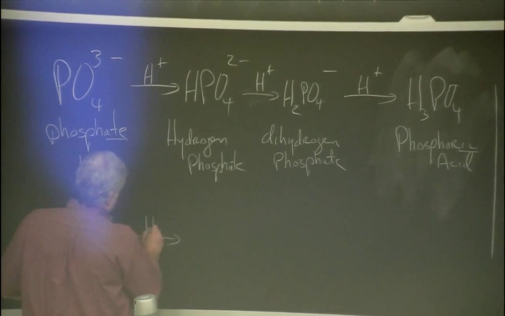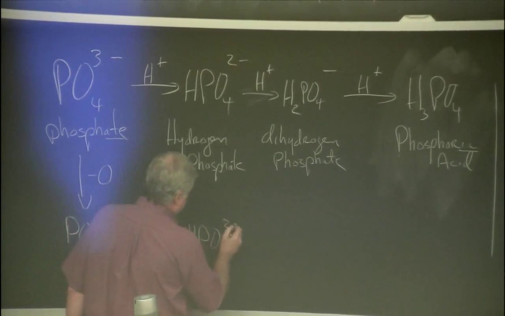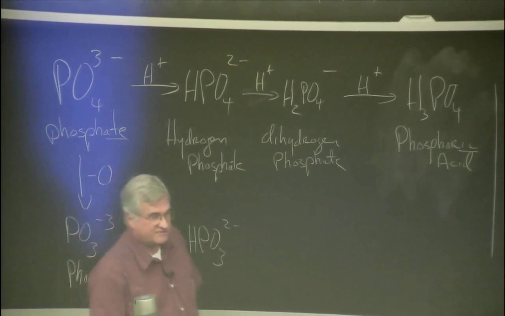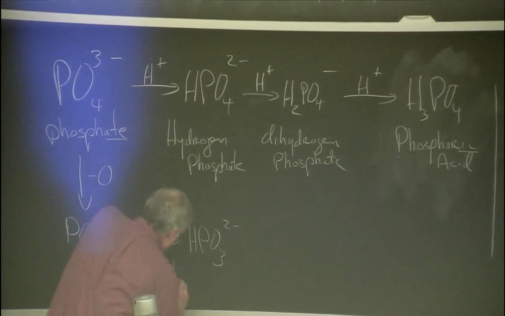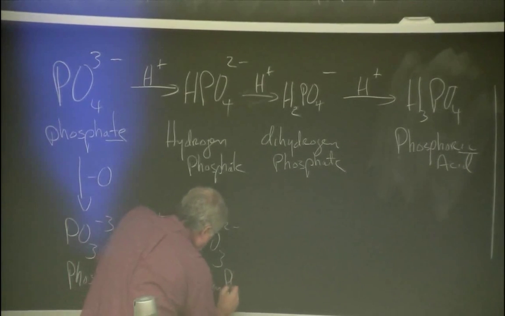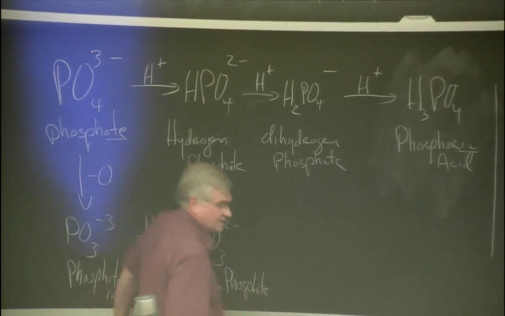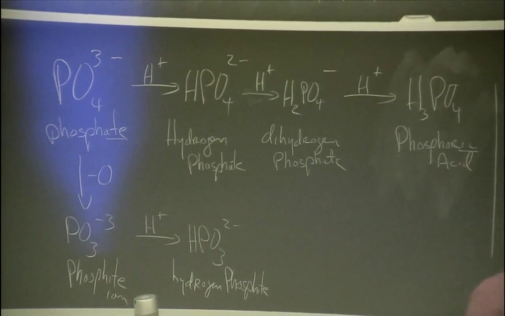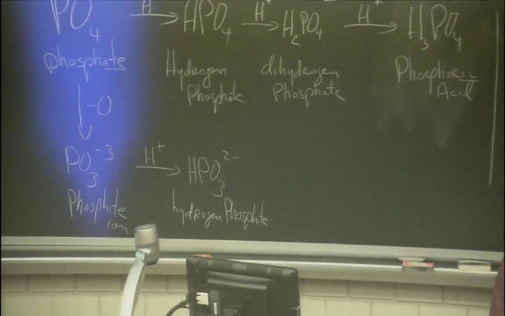Let's do the same thing. Let's start throwing hydrogen at it. So we got HPO3 minus 2, hydrogen phosphite. Very simple. The complete name is hydrogen phosphite ion.